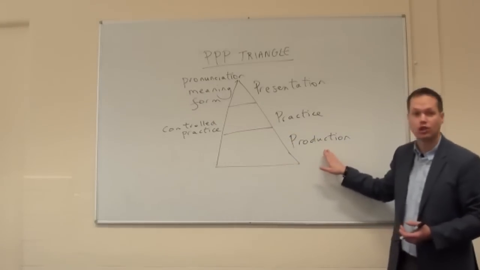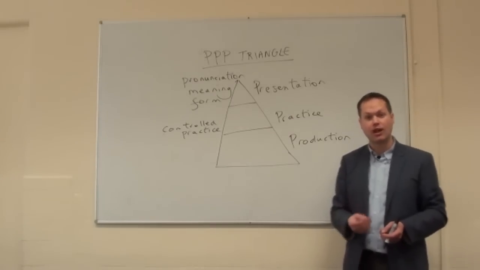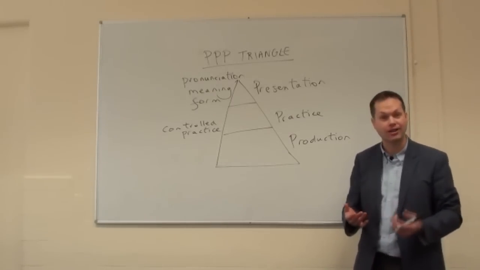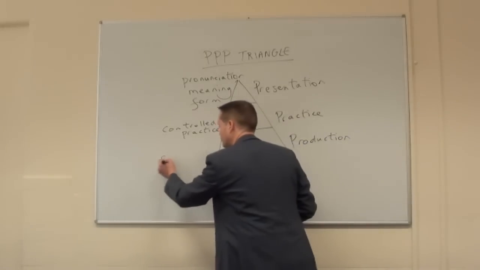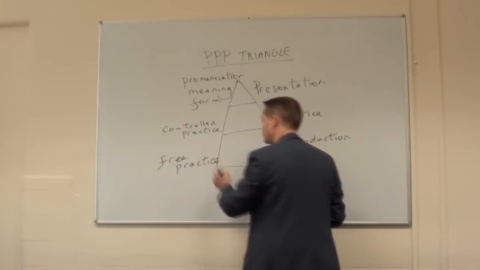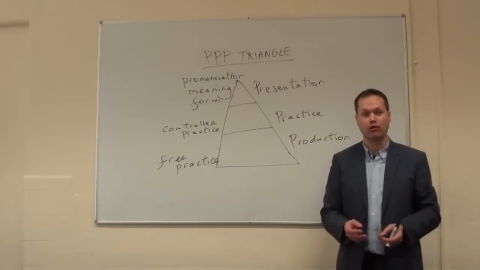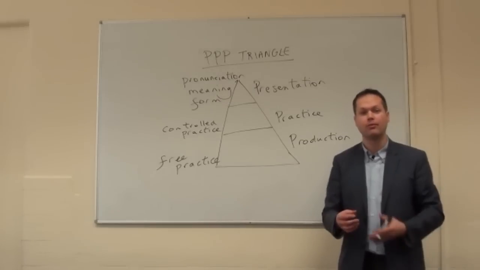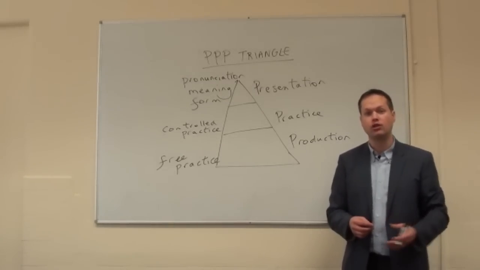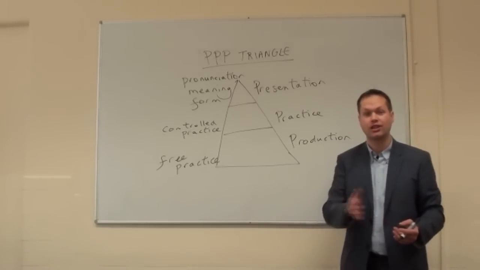The next stage is the production stage, and production stage is sometimes referred to as a free practice. It's called a free practice because the teacher is much less involved. The students have much more freedom to practice on their own, to do an activity where the teacher is a lot more hands-off, a lot less involved.